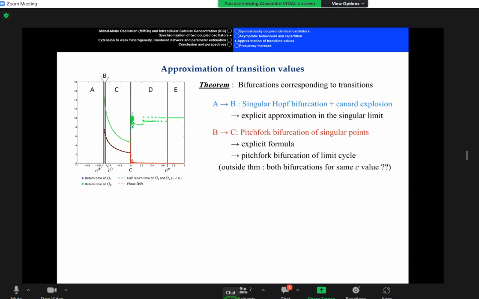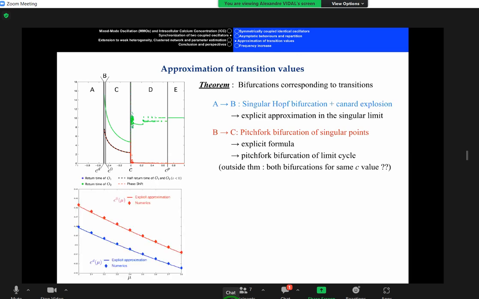The transition between B and C is due to what we call a pitchfork bifurcation of singular points. We also have an explicit formula. And we have also a pitchfork bifurcation of limit cycle. But outside the theorem, both bifurcate for the same value of C, we don't know if it's right or wrong. This is something that is still an open problem.